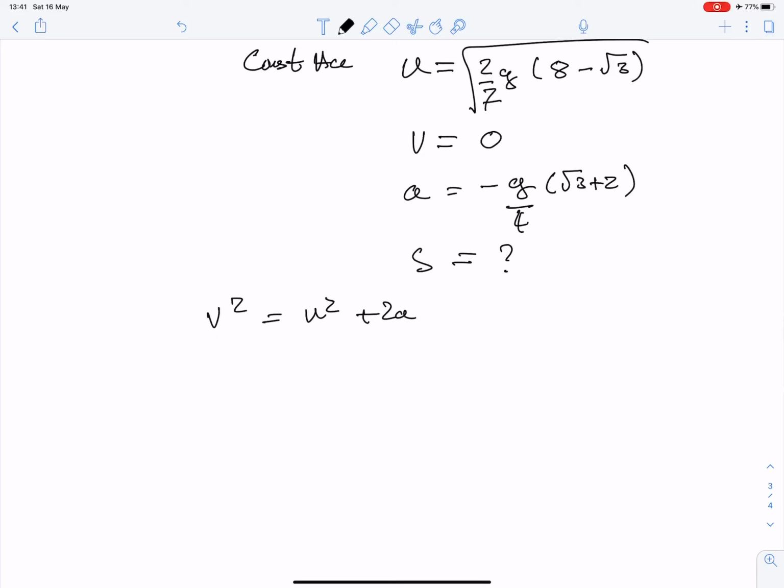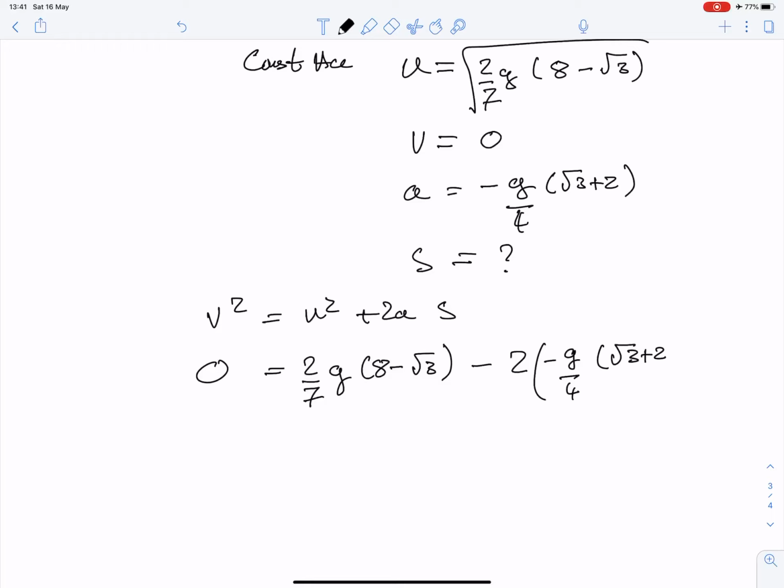Okay, so now we've got that acceleration down the slope. If we now use constant acceleration, our initial speed is the speed we had at the end here.